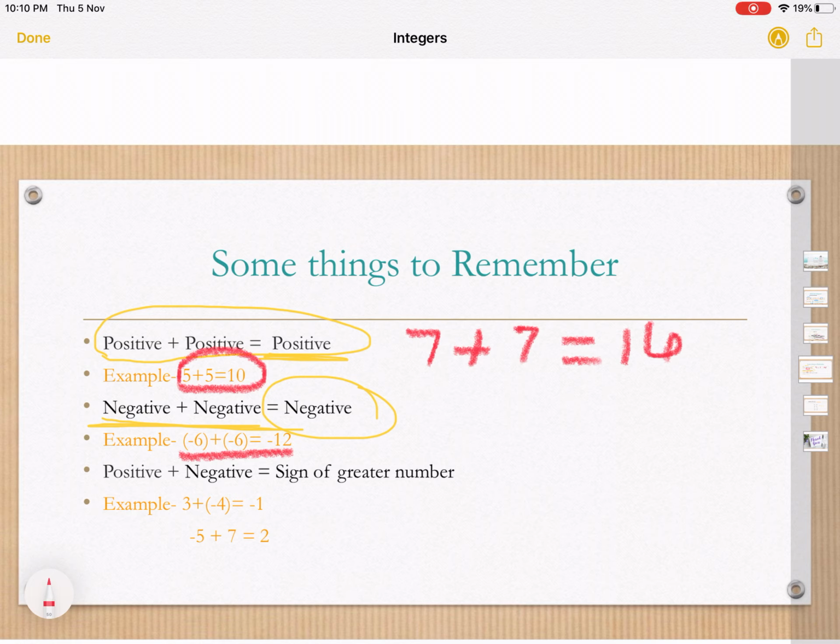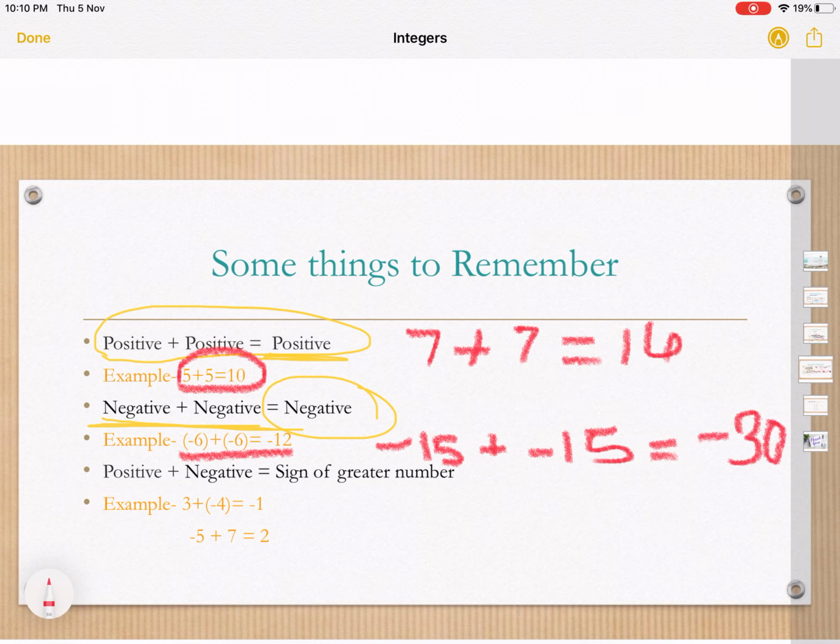Now let's take the example of -15 plus -15. And what do we get here? Of course we get a negative number.